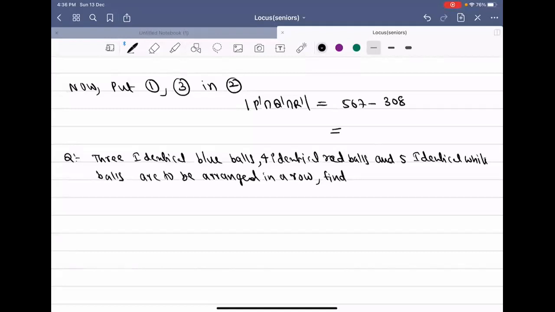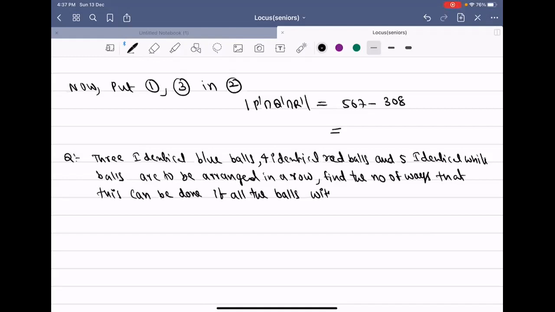Find the number of ways that this can be done if all the balls of the same color do not form a single block.